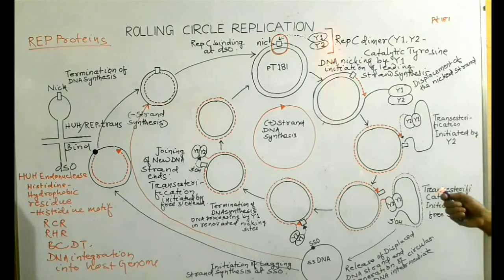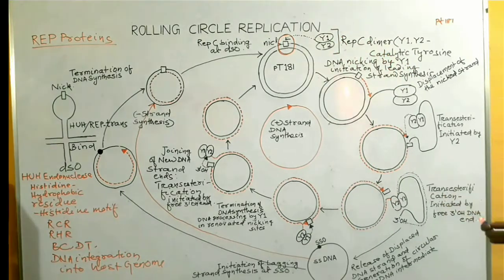So this is the RepC dimer, and this is the double-stranded origin of pT181. First of all, the nick site which is present in the double-stranded origin will be cleaved by the RepC dimer with the help of the catalytic tyrosine residue. So the 3' end will be free. This is the 3' end that will be free.